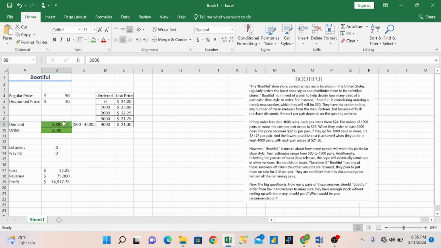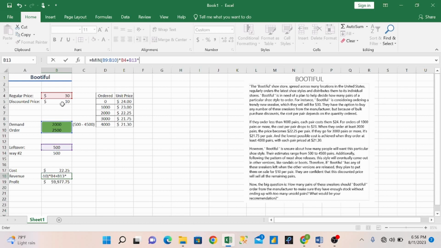But I'm going to change this value now, so I will have a surplus. If in the case I had a surplus, I'll just come back to my formula, add the 500 which I have as surplus, then multiply it by the discounted price.